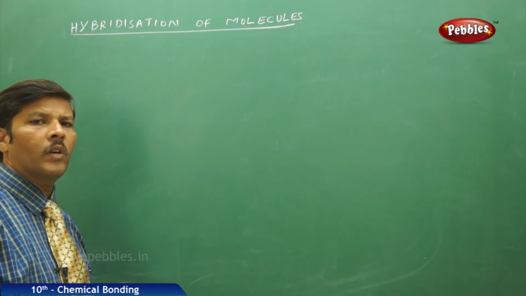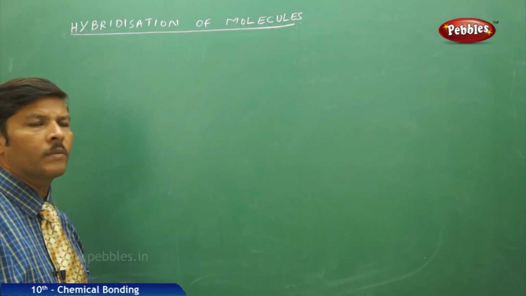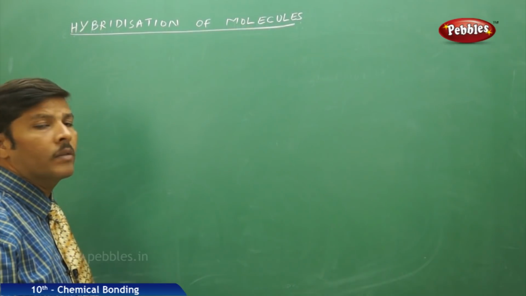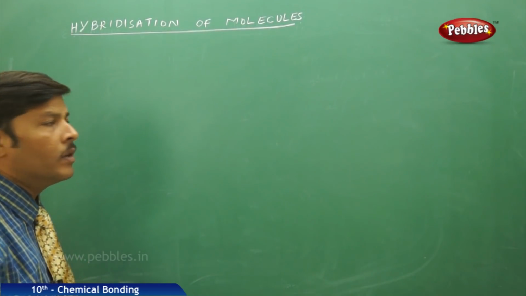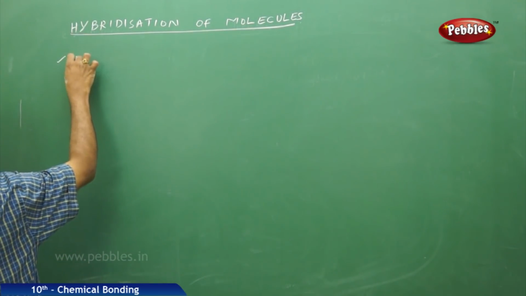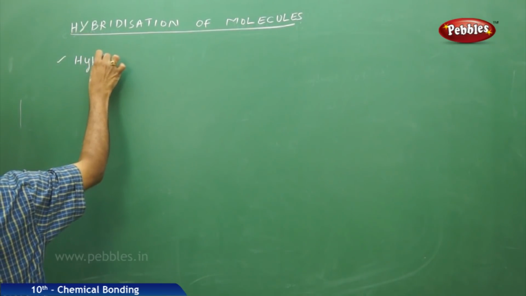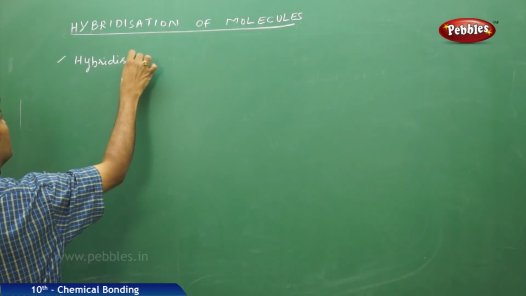So the next topic under our discussion in chemical bonding is the new topic, hybridization of molecules. When you go for hybridization, what do you mean by hybridization?